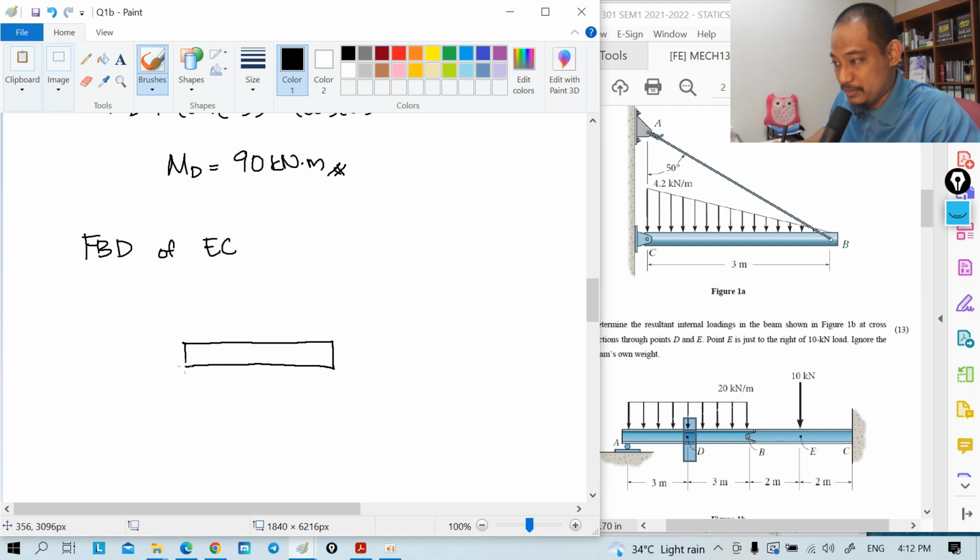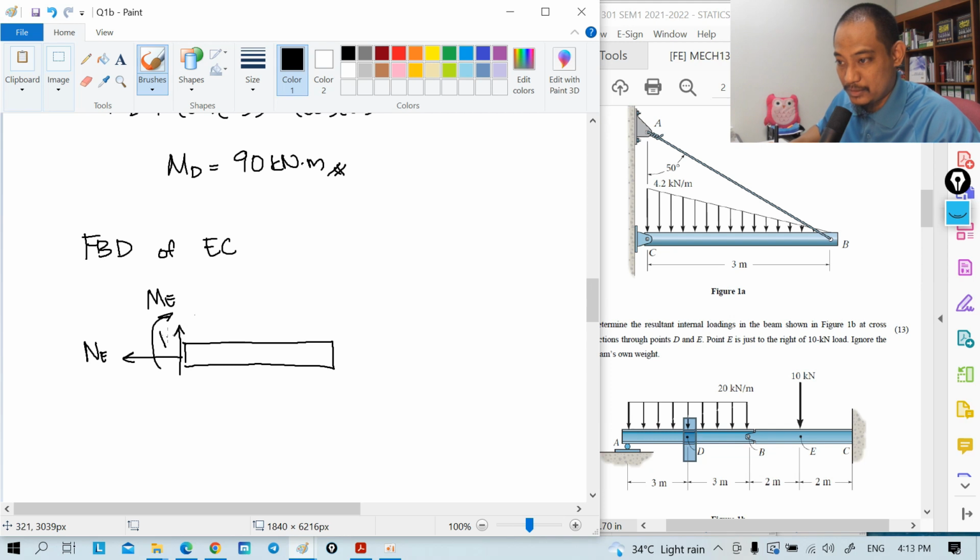So for part EC, NE is here, VE is here, and ME is here. Then we have that 10 kilonewton. It says just to the right, meaning that when we take the portion on the right, it's within that. So let's write it here.